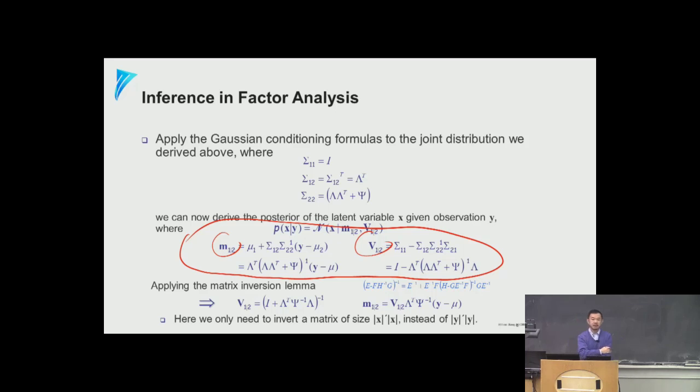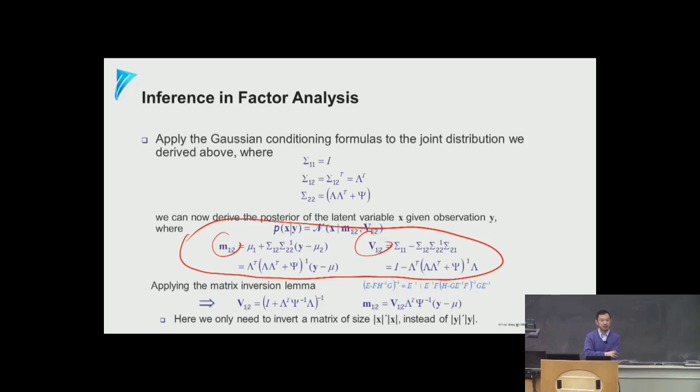Are you happy with this equation now? Mathematically, you should be very happy because it's clean, and you have a closed form expression of the conditional mean and the conditional covariance of x given y already.